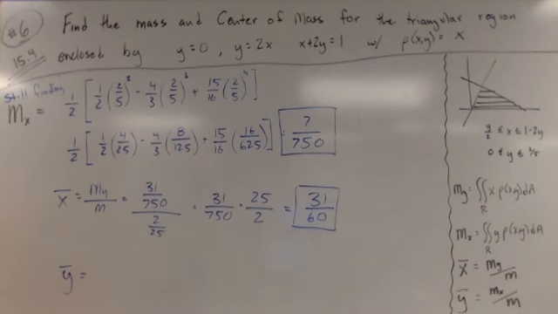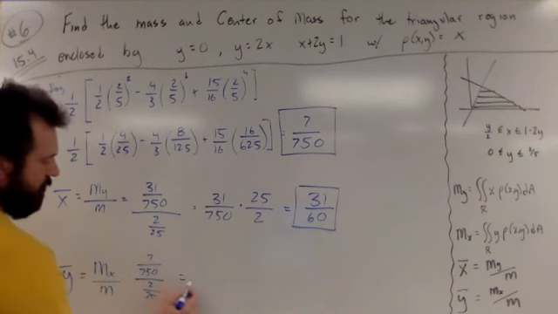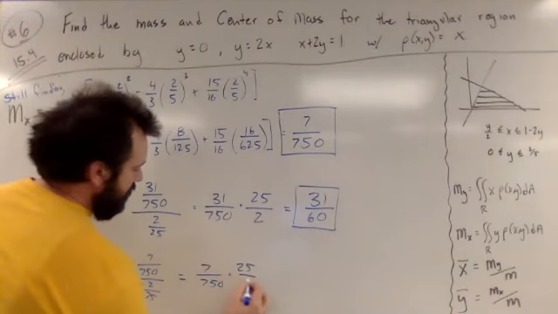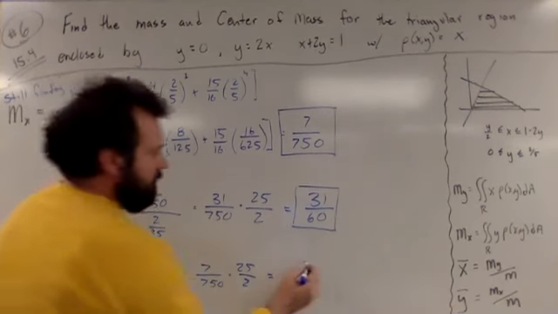Little more space down here. So let's look at y bar. That's going to be mx divided by the mass. So that's 7 out of 750 over 2 out of 25, which becomes 7 over 750 times 25 over 2. That ends up giving me 7/60.